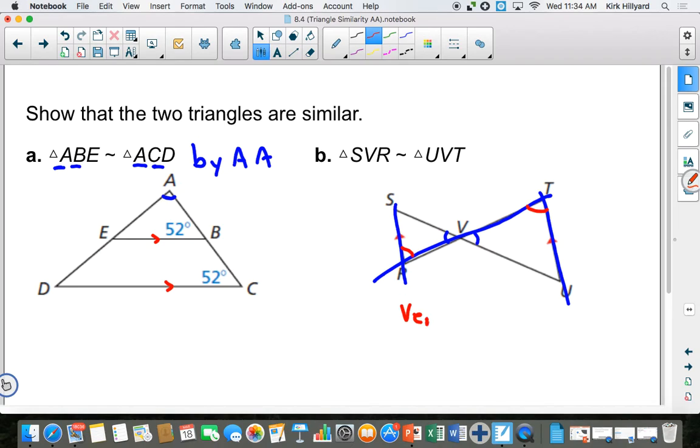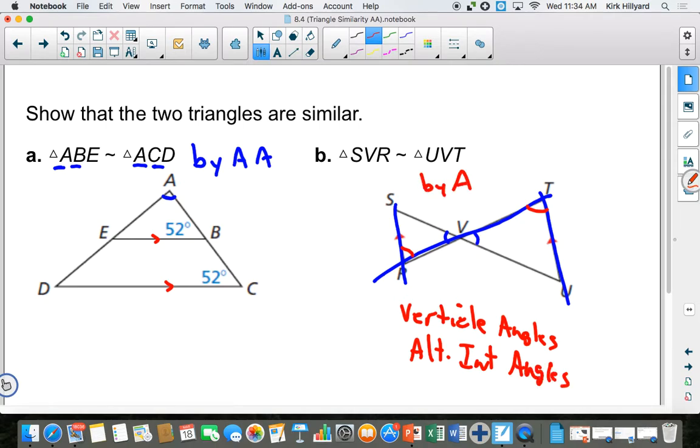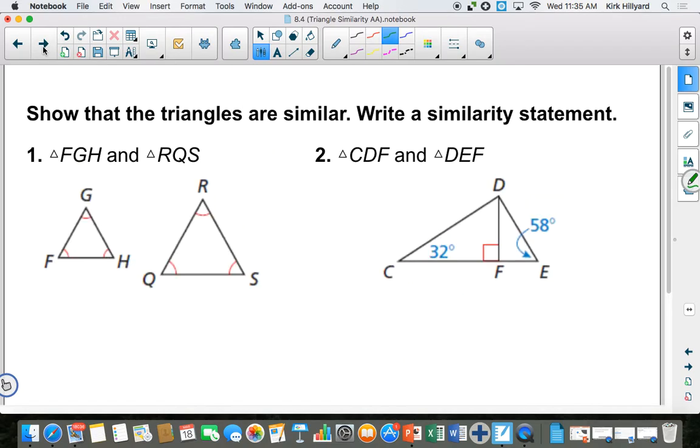So really we're using vertical angles, and we're also using alternate interior angles. That's what makes these two triangles similar by angle. You could also have chosen these two angles as well. They would also be alternate interior angles. So we've shown that those two triangles are similar by angle similarity.